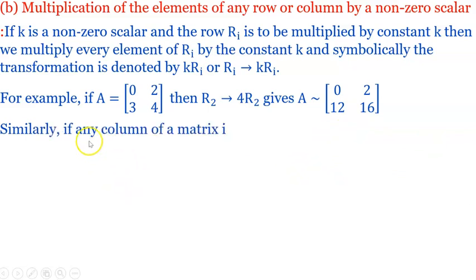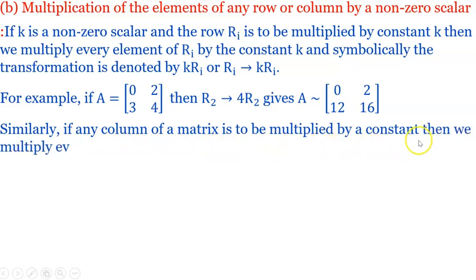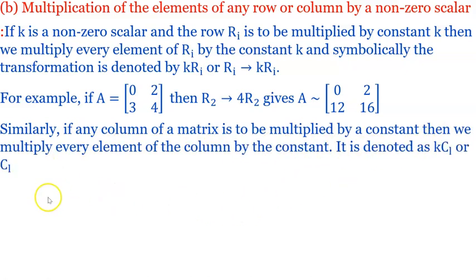Similarly, if any column of a matrix is to be multiplied by a constant, then we multiply every element of the column by the constant. It is denoted as kC1 or C1 changes to kC1. Okay.